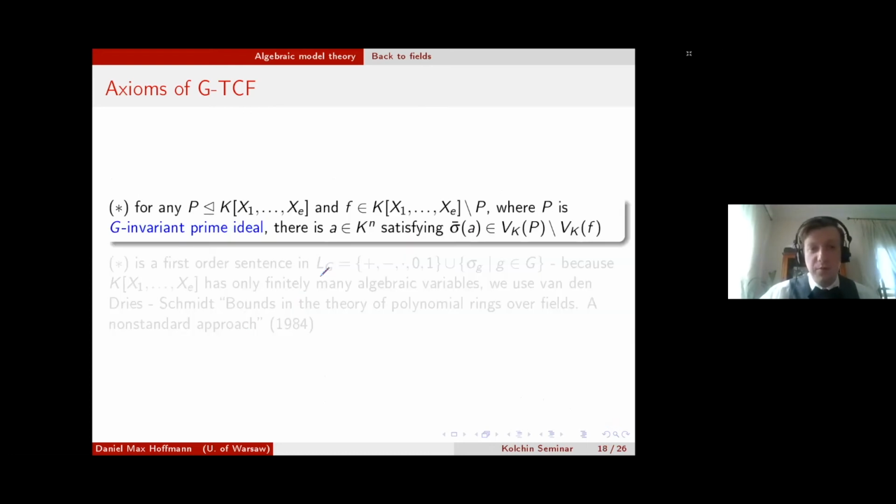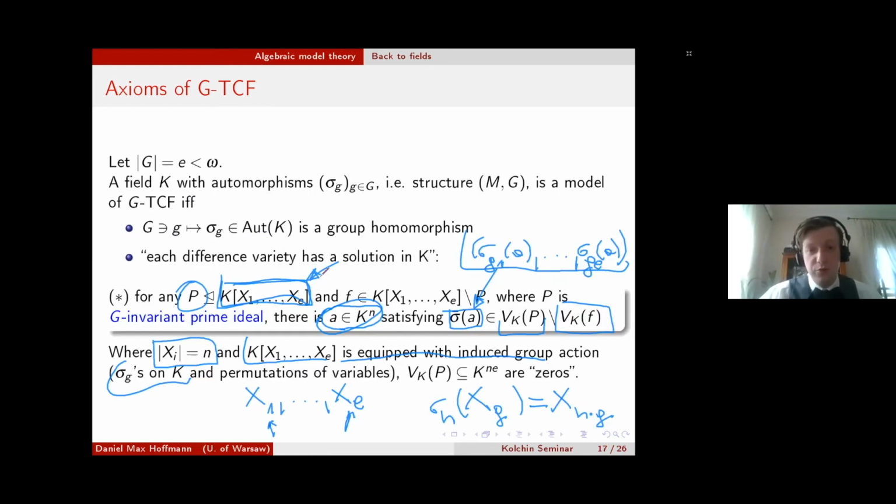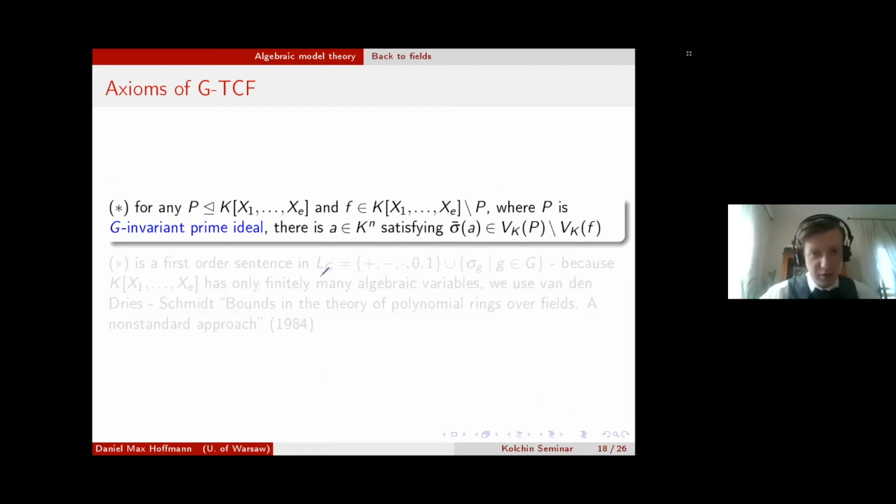Let me make a comment on that and use it, because you can always try to write down such a statement, but in model theory you need to write it as a first order sentence. Now I will make a comment on why this particular axiom scheme star is first order.